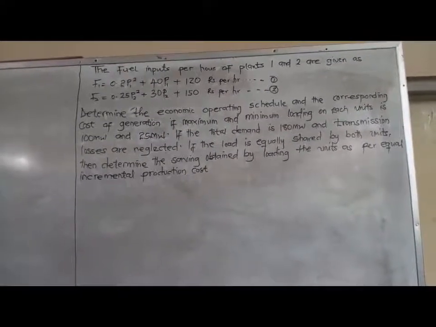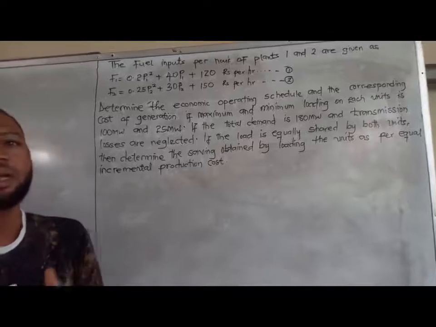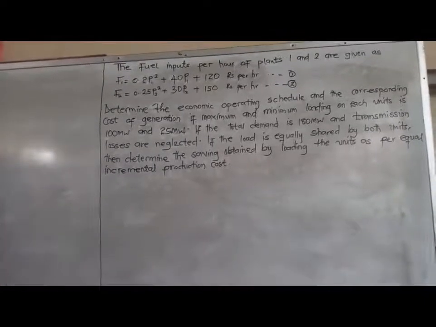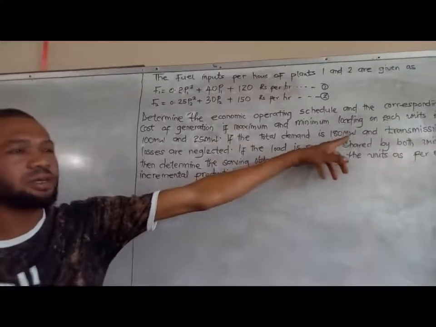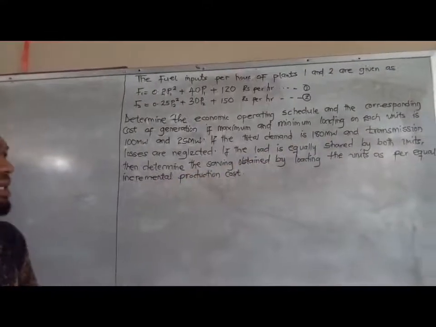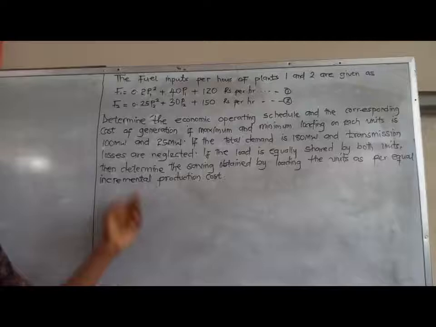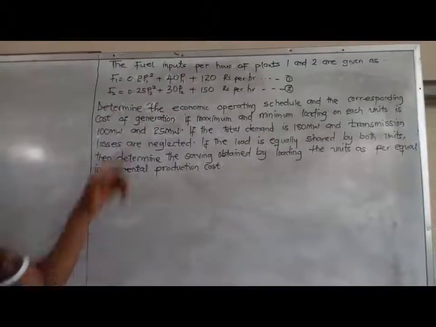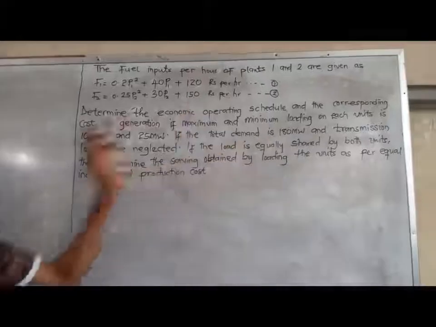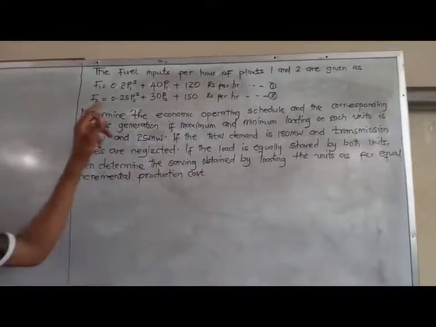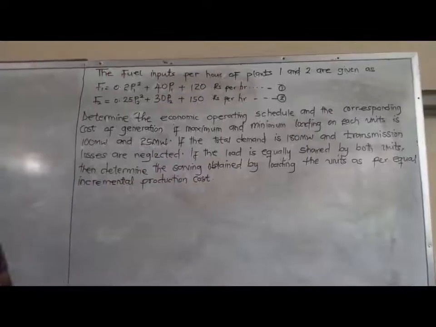So in this question, we analyze it in two ways: when the load is not shared equally, and when the 180 maximum demand is shared equally. What will be the fuel cost for plant 1 to generate to meet demand? What will be the fuel cost for plant 2 to also generate to meet total demand?